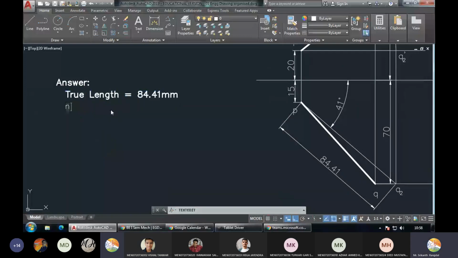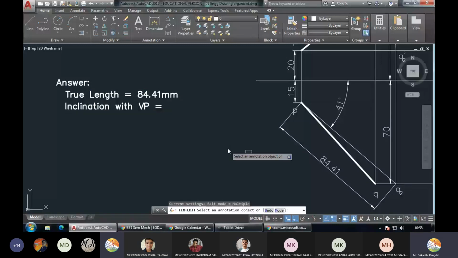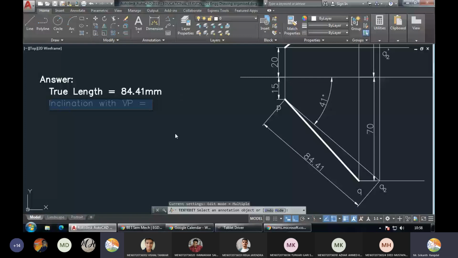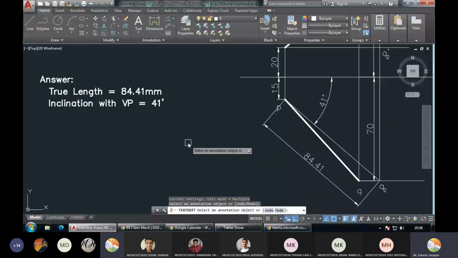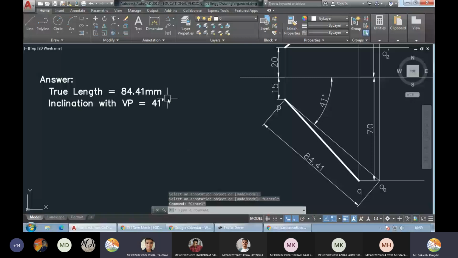So let us write inclination with VP or HP? VP. Very good. The inclination with VP is 41 degrees. Okay. So I've just used an apostrophe because the angle symbol is not available on the keyboard. I'm going with that.